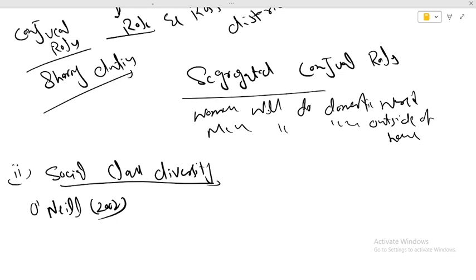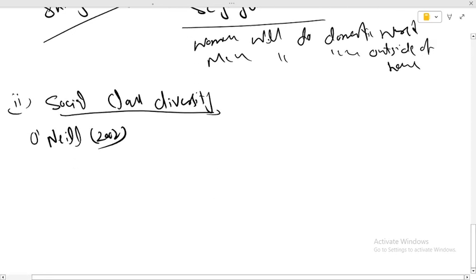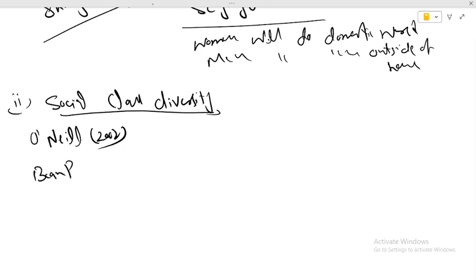We have one more term, the beanpole family. They believe that single parent families will not be as stable as two-parent families.